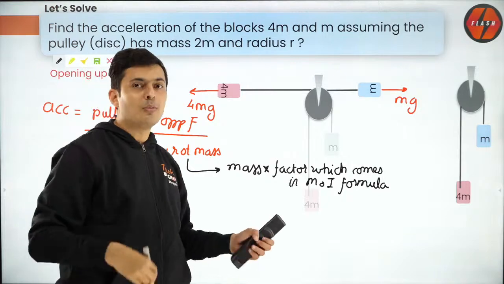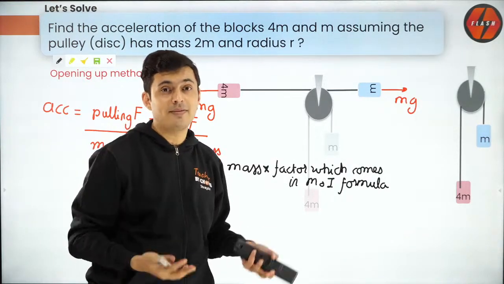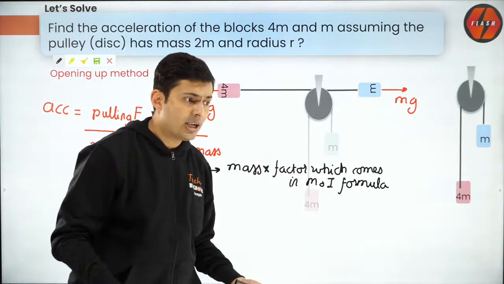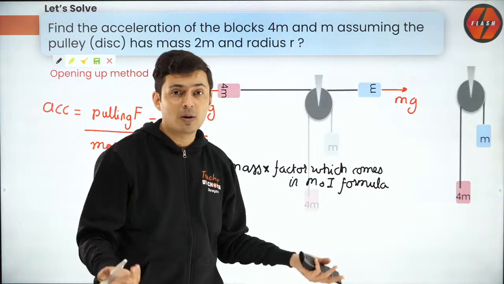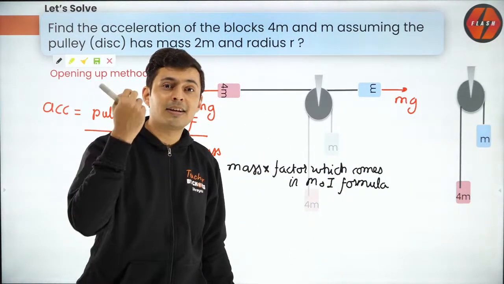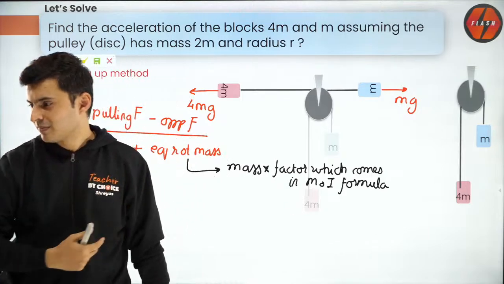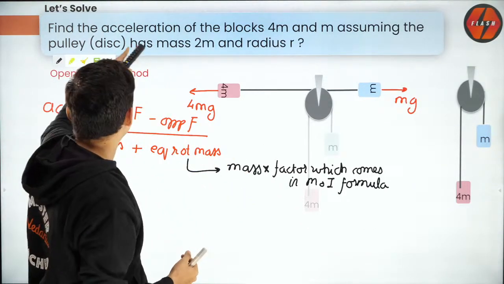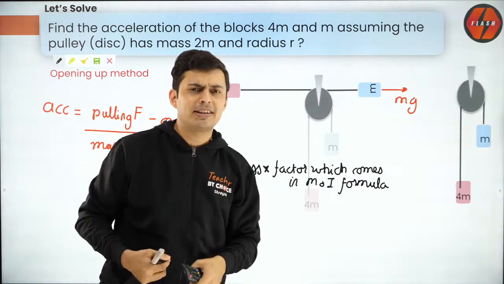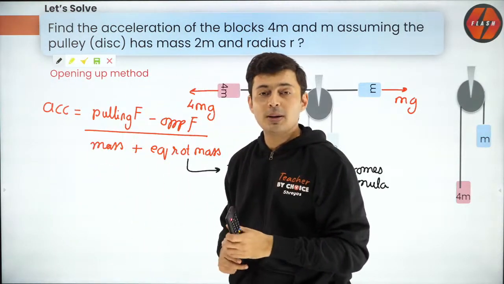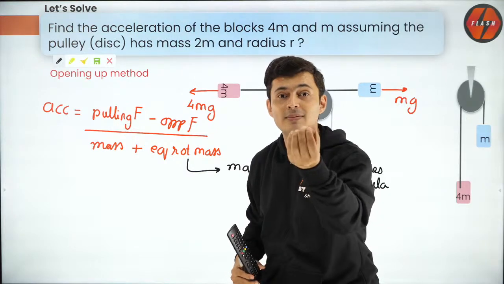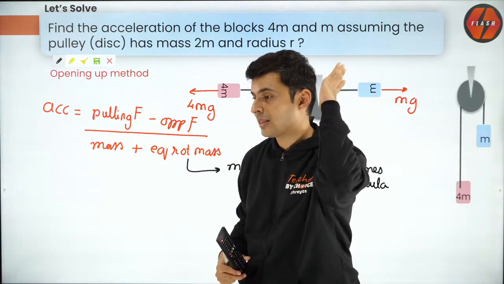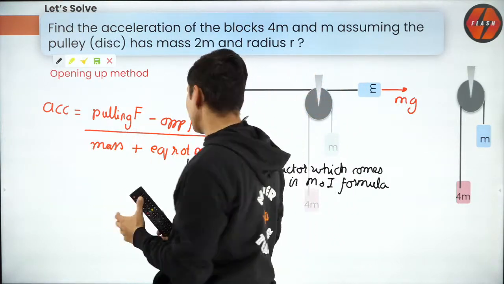Which factor comes in the moment of inertia formula? Half, 2 by 5, 2 by 3, 1 by 12, 1 by 3, etc., or 1. That factor is what you will use. So think for the disk, what is that factor? For a disk, the formula is mr square by 2. So what is that factor? Half. That's the factor which will come over here.